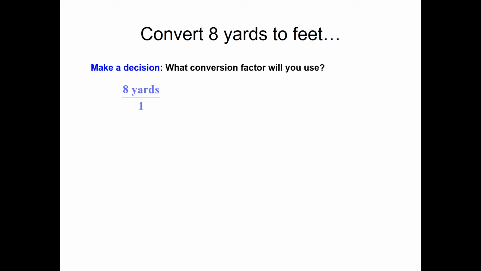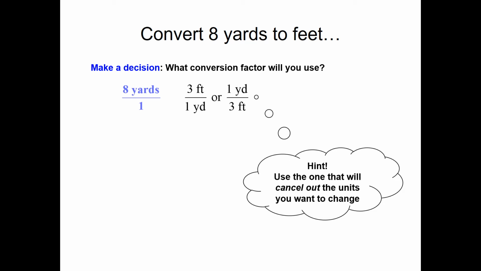So the first step in converting 8 yards to feet is: what conversion factor do you want? We know that there are 3 feet in a yard, or 1 yard is equal to 3 feet. You want to cancel out yards to get feet. So you use the one that will cancel out the units you want to change.